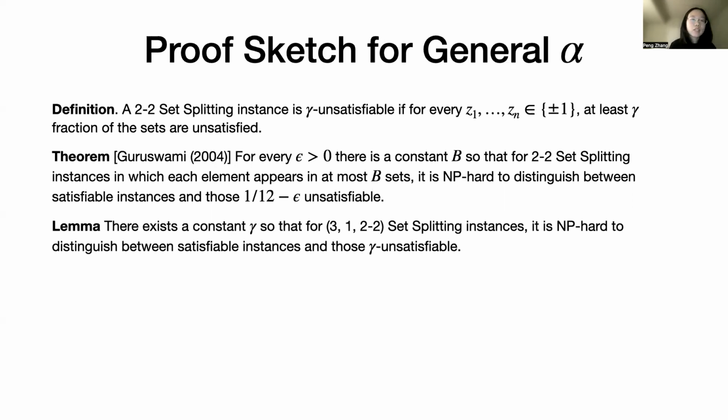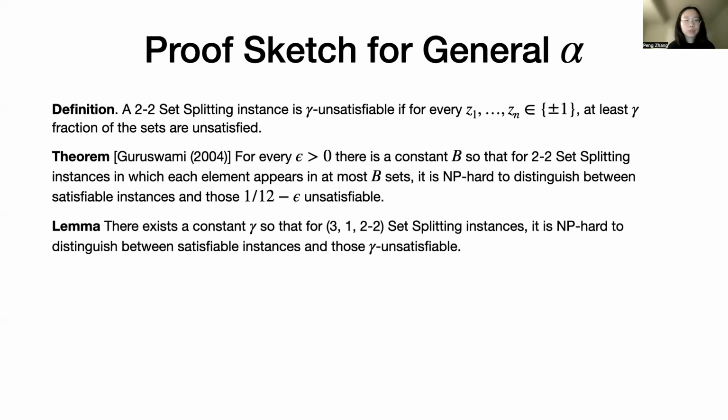Guruswami showed that for any positive epsilon, there exists some constant b such that for 2-2 set splitting instances in which each element appears in at most b sets, it's NP-hard to distinguish between satisfiable instances and instances that are 1/12 minus epsilon unsatisfiable.